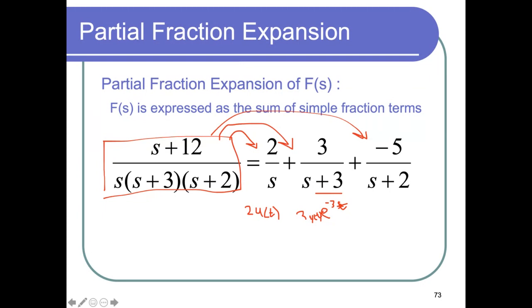So that's why we want to utilize the partial fraction expansion, so that we get simpler terms to deal with, and these are terms that we can easily find their corresponding time domain function.